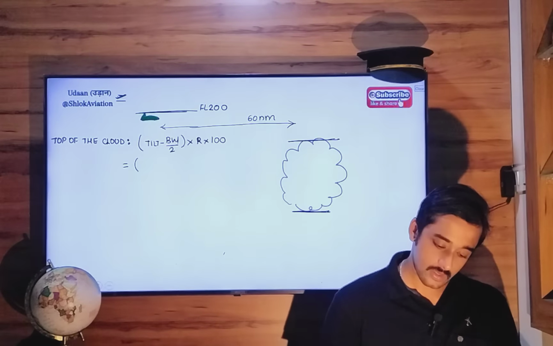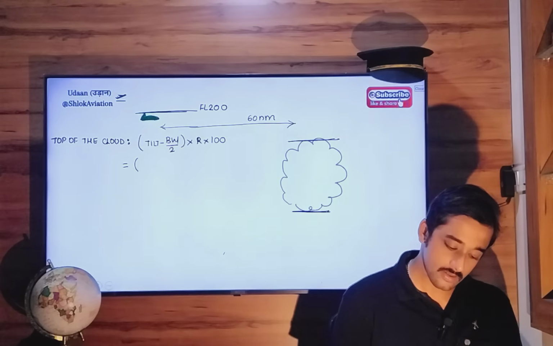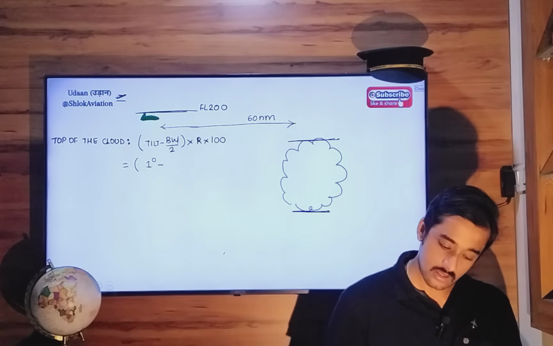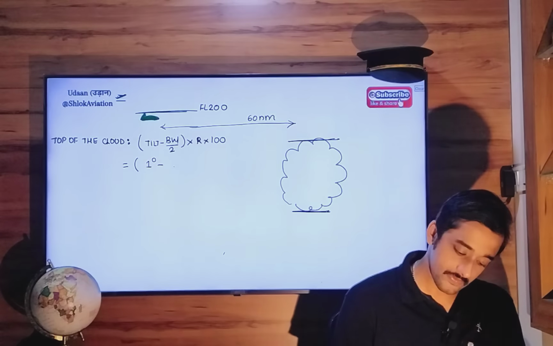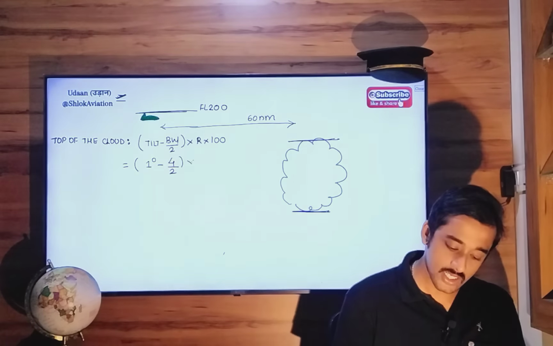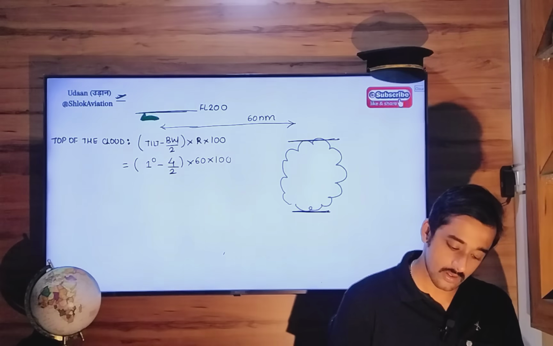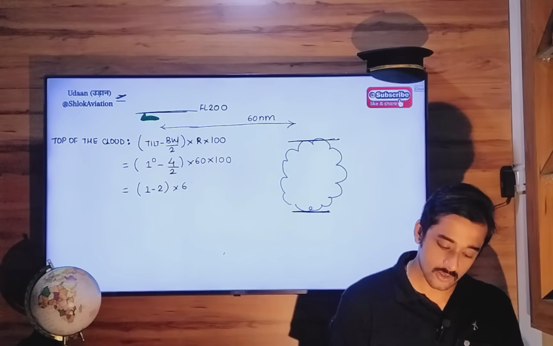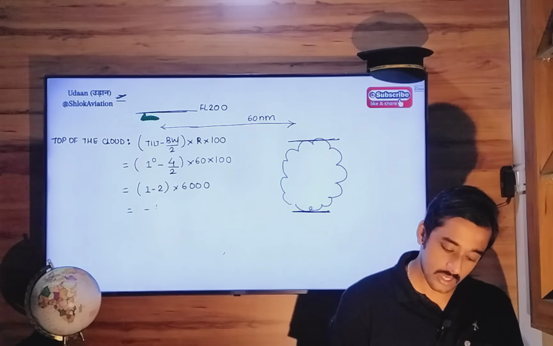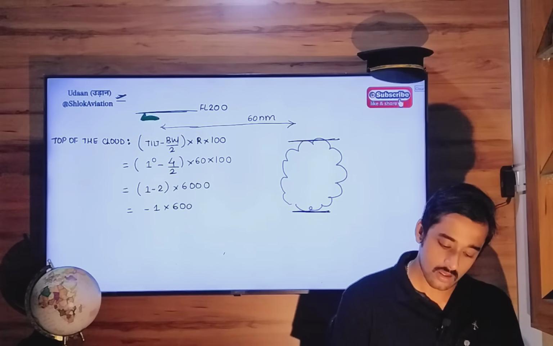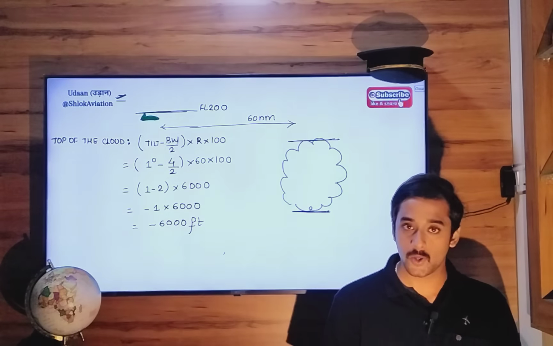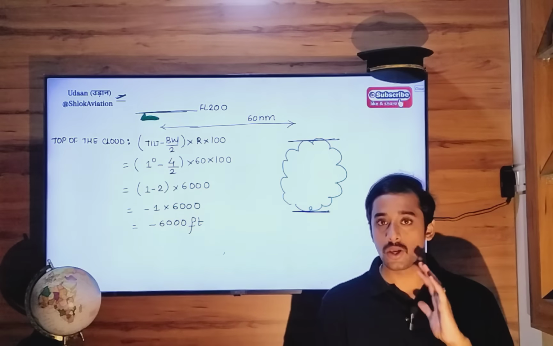So tilt is plus 1 degree, beam width is 4 degree, range is 60 into 100. So 1 minus 2 into 6000. So minus 1 into 6000. That is minus 6000 feet. So that means the top of this cloud is 6000 feet below you.